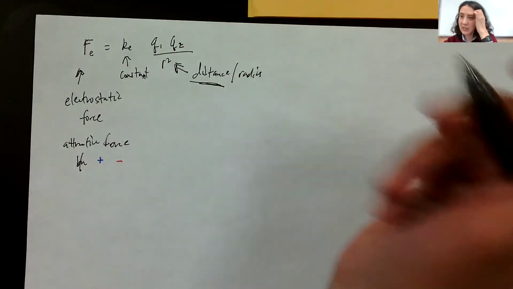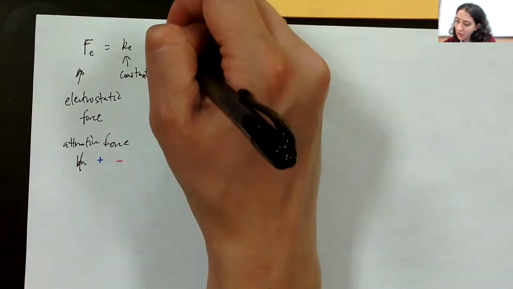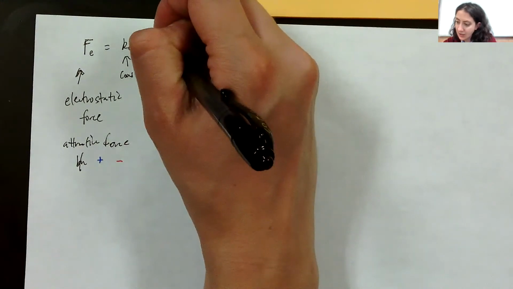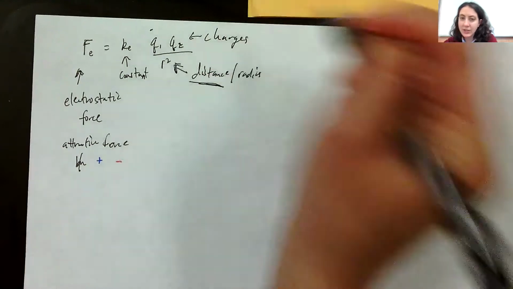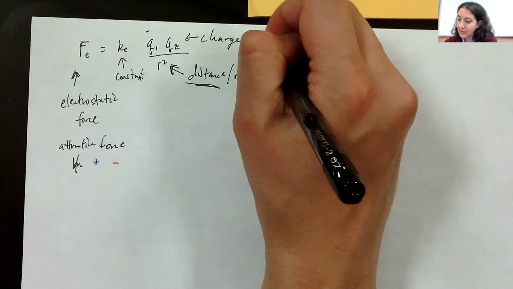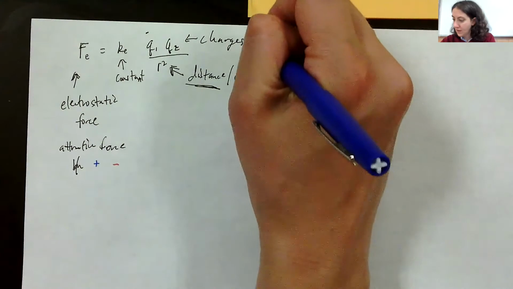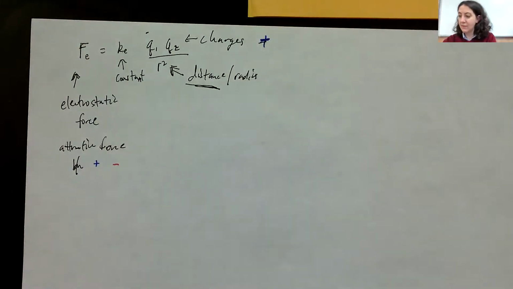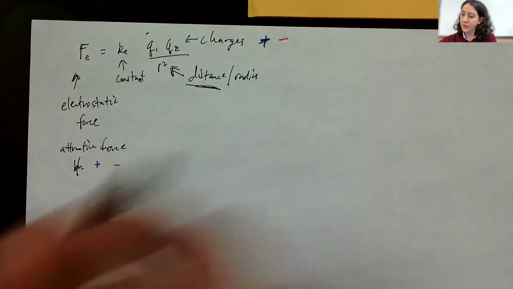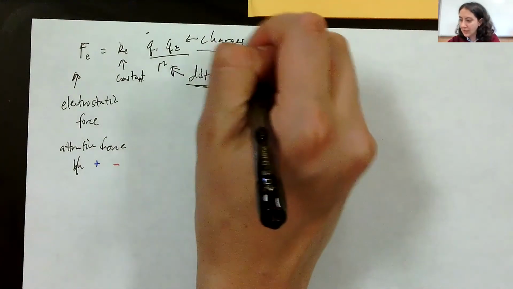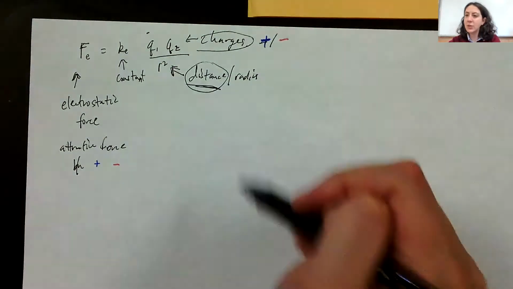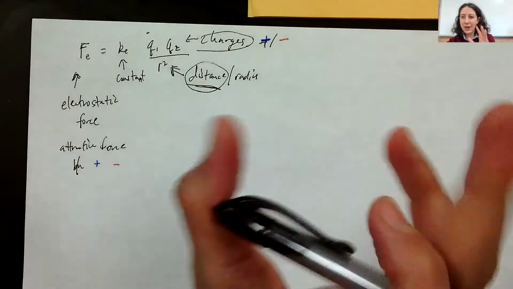So it's a measurement of distance. And Q1 and Q2 are the charges of the positive and negative particles. So what we want to think about here is we have two variables. We've got charges and we've got distance.